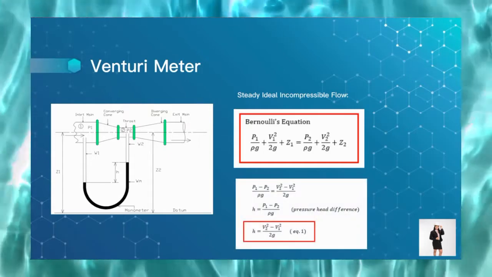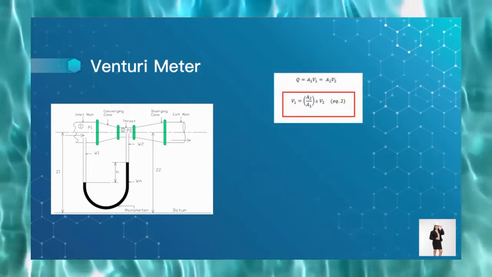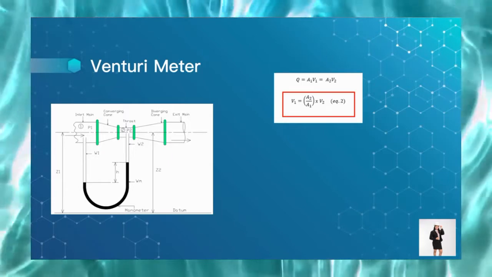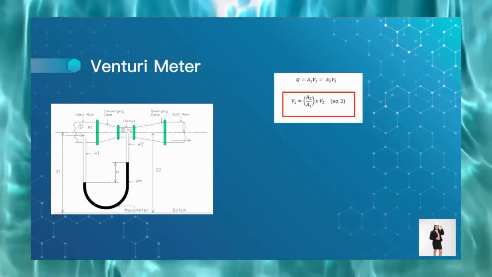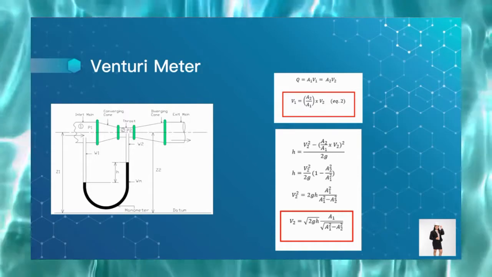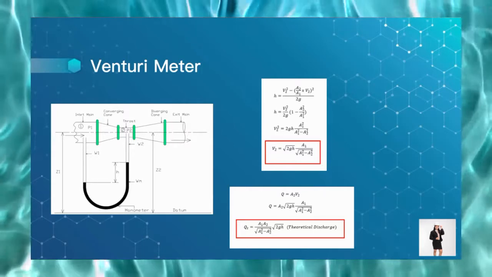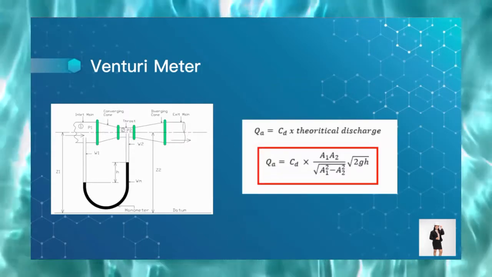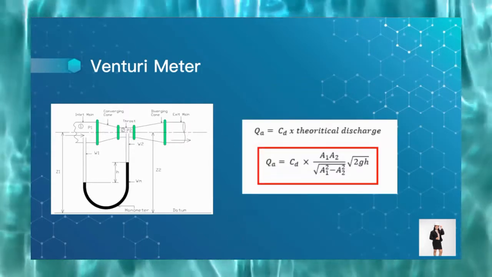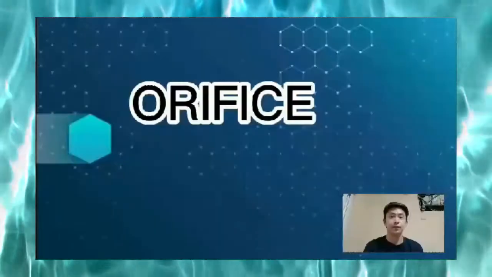Going back to the continuity equation, we can solve for V sub 1, and by substituting this to equation 1, we can solve for V sub 2. By substituting V sub 2 to the continuity equation, we can get the theoretical discharge, and the actual discharge can be evaluated by multiplying the coefficient of discharge with the theoretical discharge.